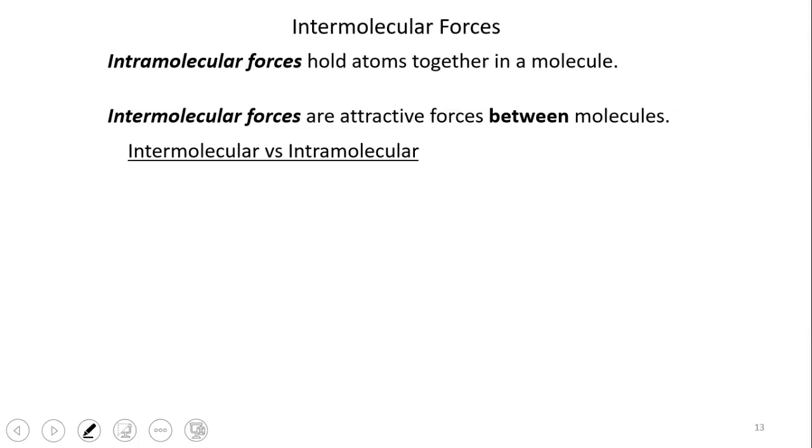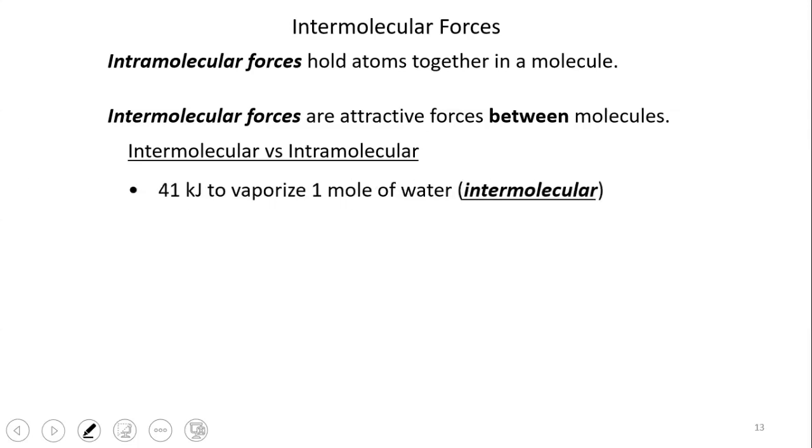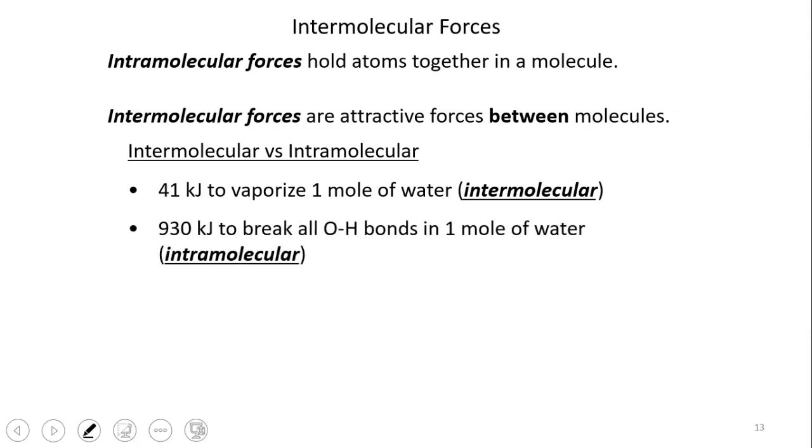So if we compare these two types of forces, for example, let's say, what does it take to vaporize 1 mole of water molecules into gas? It takes about 41 kilojoules of energy. Now, what if we try to break the actual hydrogen-oxygen bonds in a mole of molecules of water? Well, that would take 930 kilojoules.